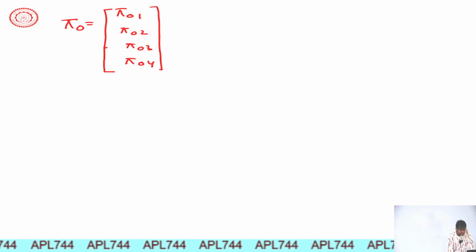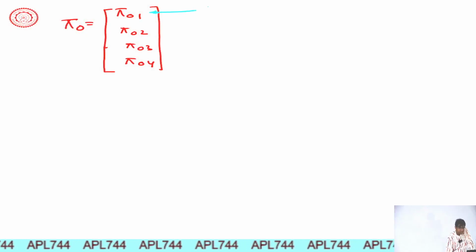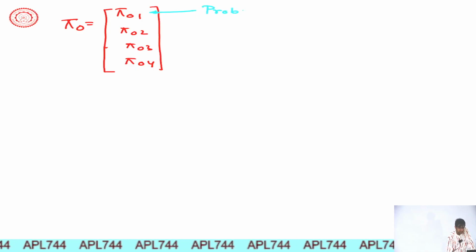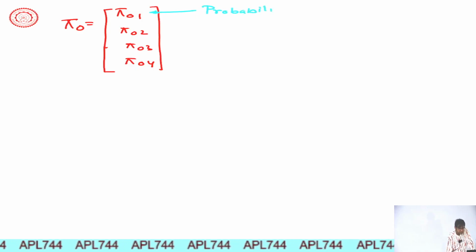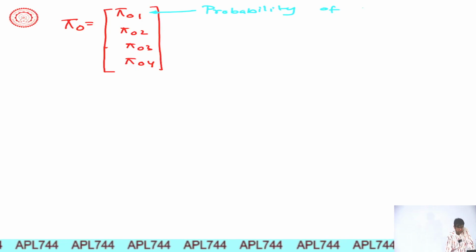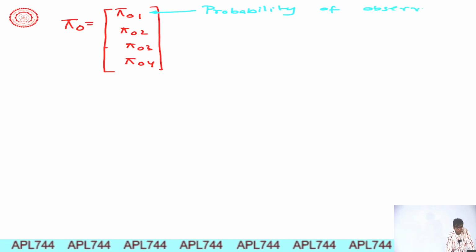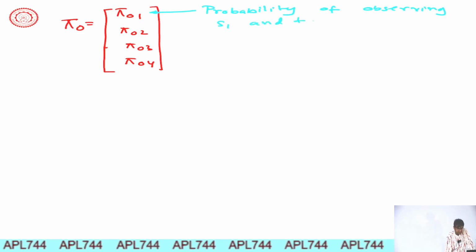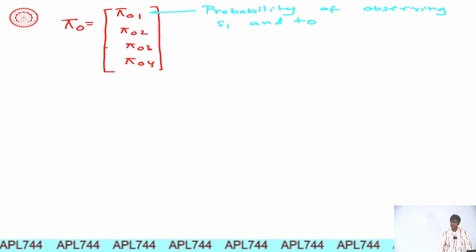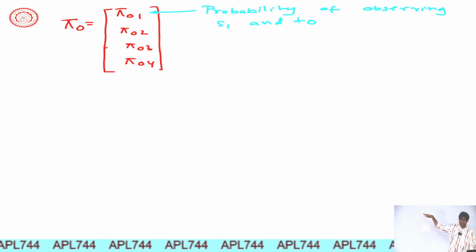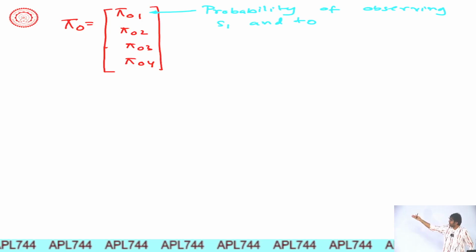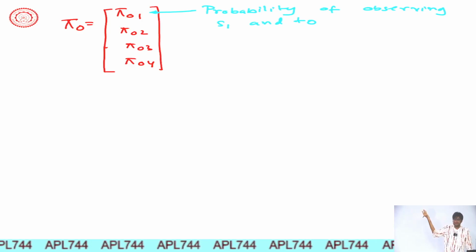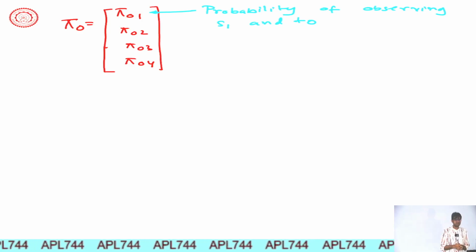So let me write it down. This is equal to probability of observing S1 at t0. The others I am not writing, you can understand the others. Like the third one will be probability of observing S3 at t0. Right?